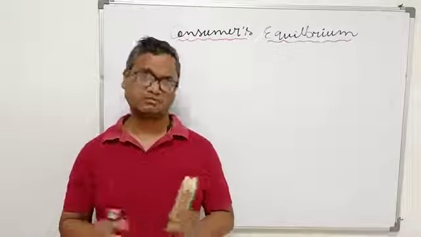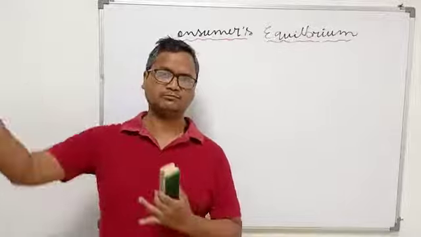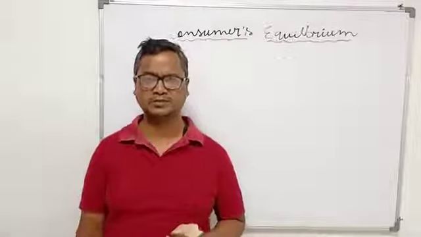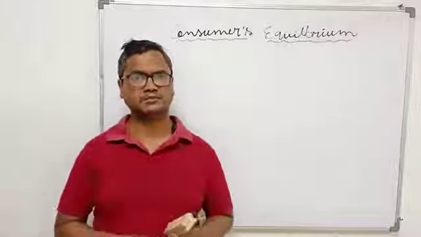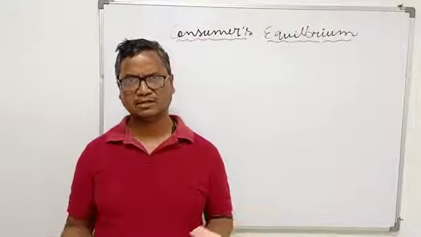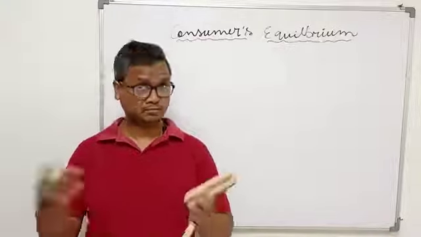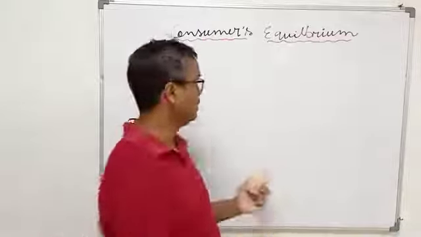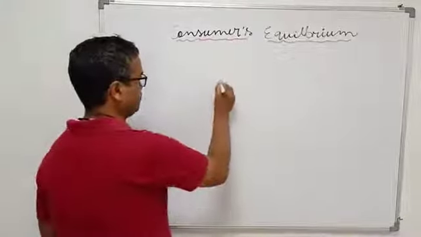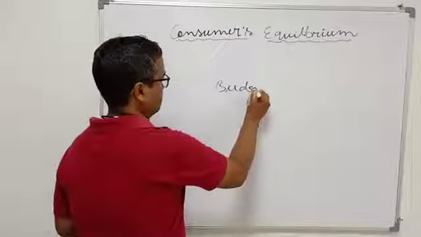As a consumer, I can think I will get the maximum satisfaction from the Audi car, but sometimes we may not achieve that level of satisfaction because my budget does not allow me to achieve that level. So that is called the budget constraint. We have to understand what the budget constraint is.